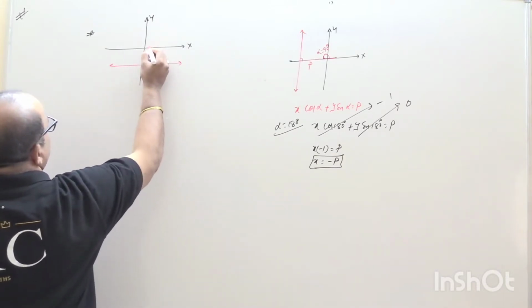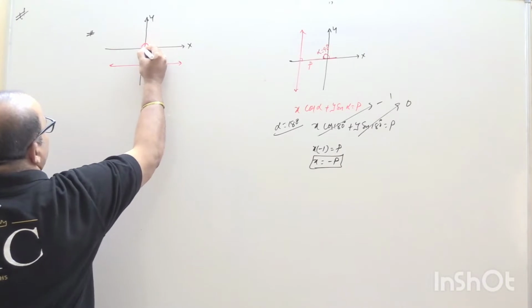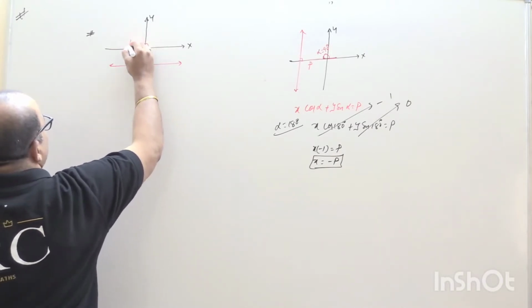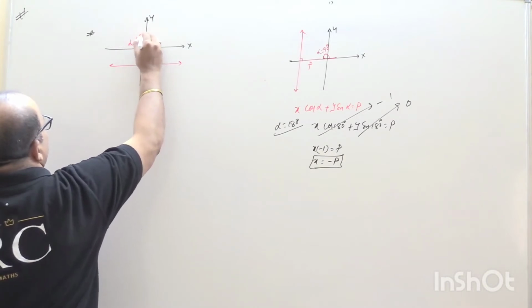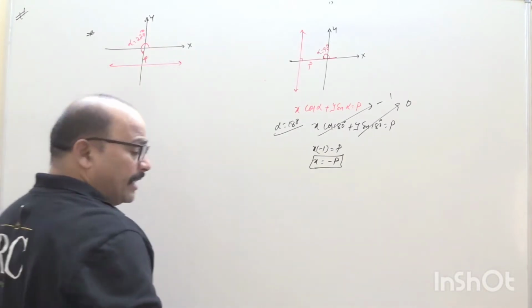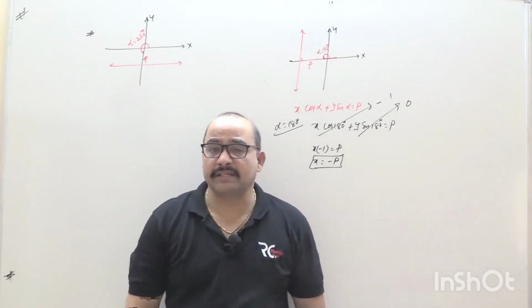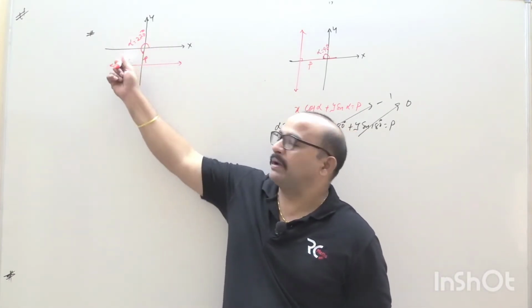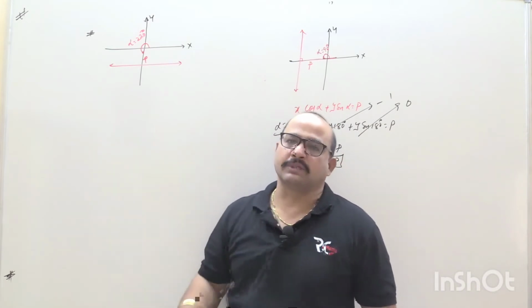This red color equation starts from 90, 180, 270. So this is p, students. Alpha is equal to 270 degrees. In radian language that is 3 pi by 2: three times pi by 2 becomes 270 degrees.